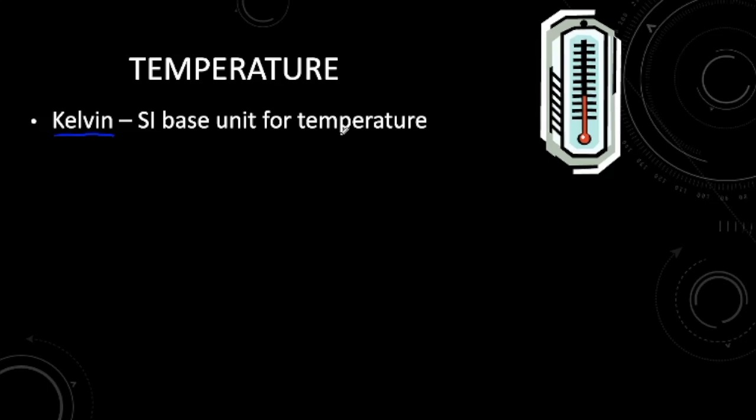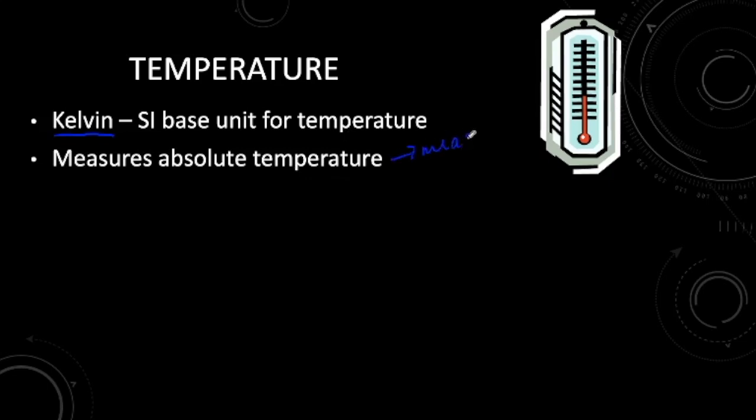How can something have a negative temperature, meaning it has a negative energy? Not quite. So Kelvin actually measures the absolute temperature. And what that means is that it measures the energy of a substance or any matter.